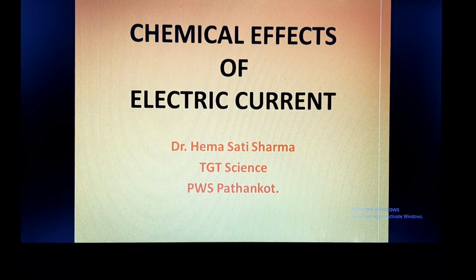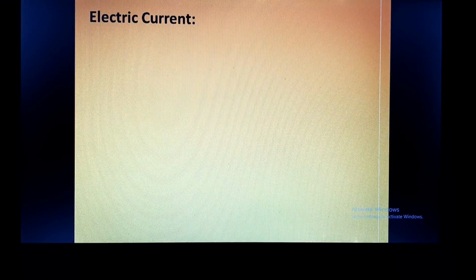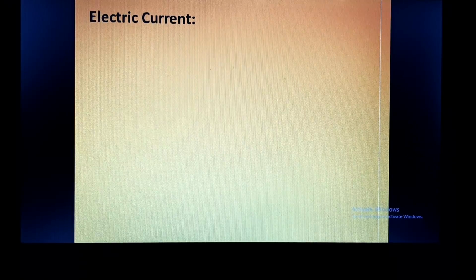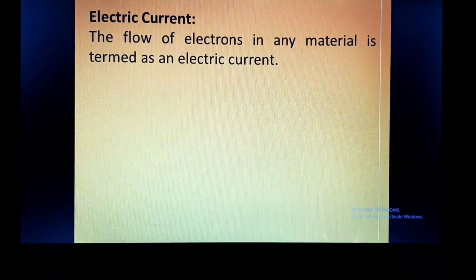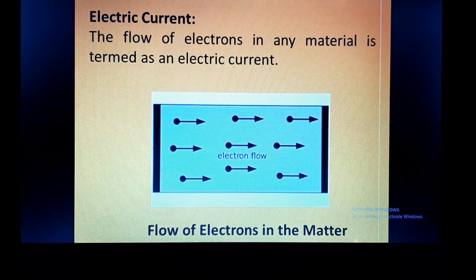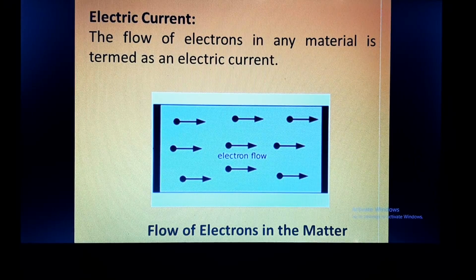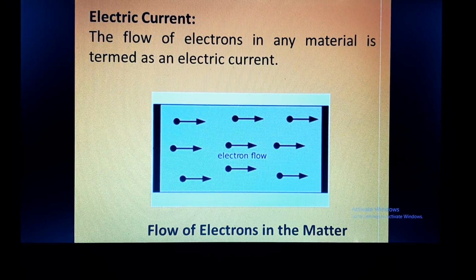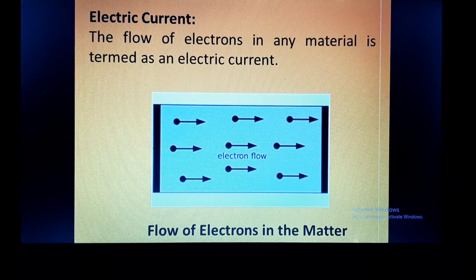So first of all, we should know what is electric current. The flow of electrons in any material is termed as an electric current. What will be the material? Material which will be conducting electricity.